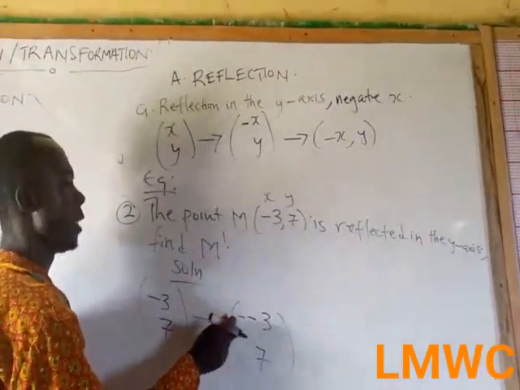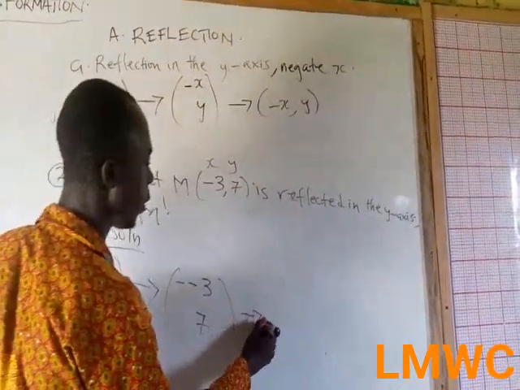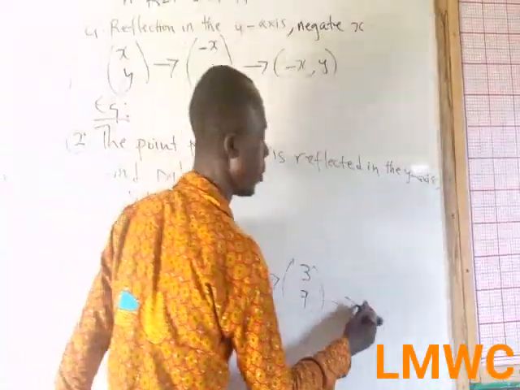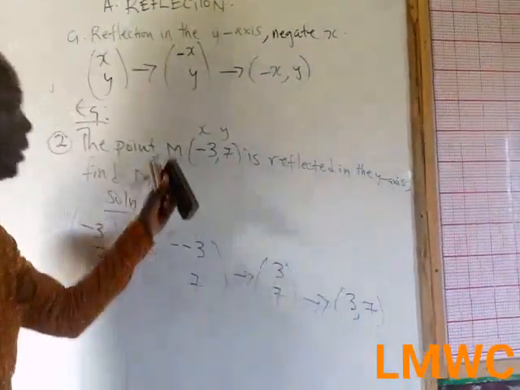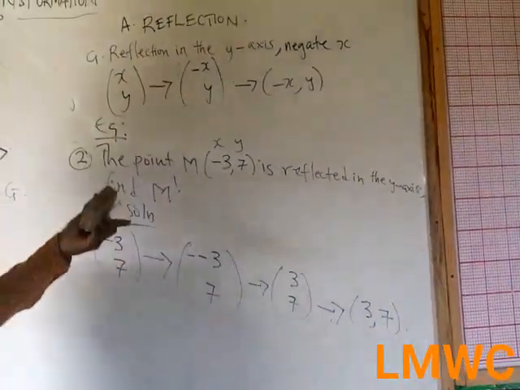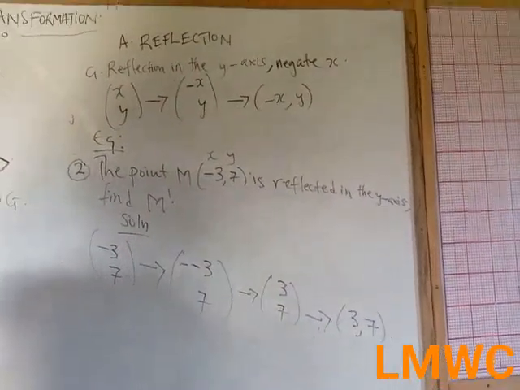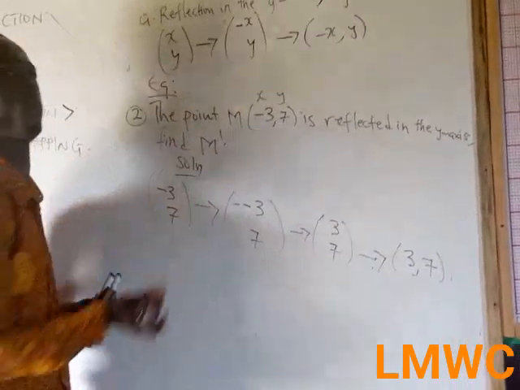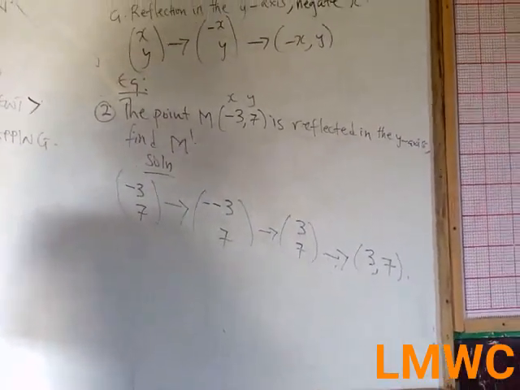But once two negative signs meet, it becomes positive. We have (3, 7). This is in the vector form. In coordinates, it becomes (3, 7). You can make this question objective, or if you show working in section B, this is how you work it. But in an objective question, once you know the formula, there is no need to work. You can choose it straight.